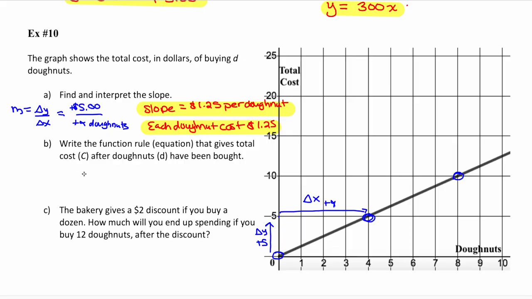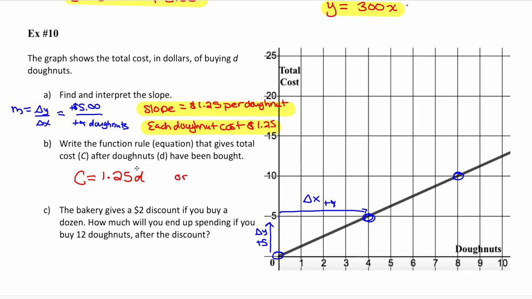We would have C equals, for our y, mx, that's going to be our slope. Our slope was $1.25. Our x variable is little d for donuts, plus our y-intercept value. Our y-intercept value is 0, which makes sense because 0 donuts should cost $0. So I would have plus nothing.